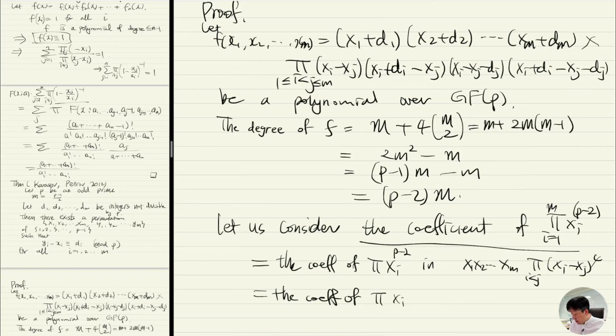Let me subtract m, right? So p, let's see, p minus 1 is twice m. So twice, p minus 2 was twice m minus 1, and I'm subtracting m, so it's m minus 1 in this product.